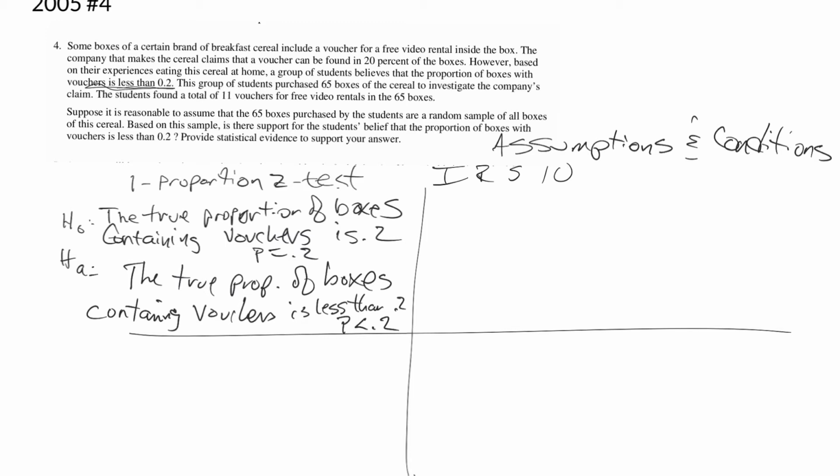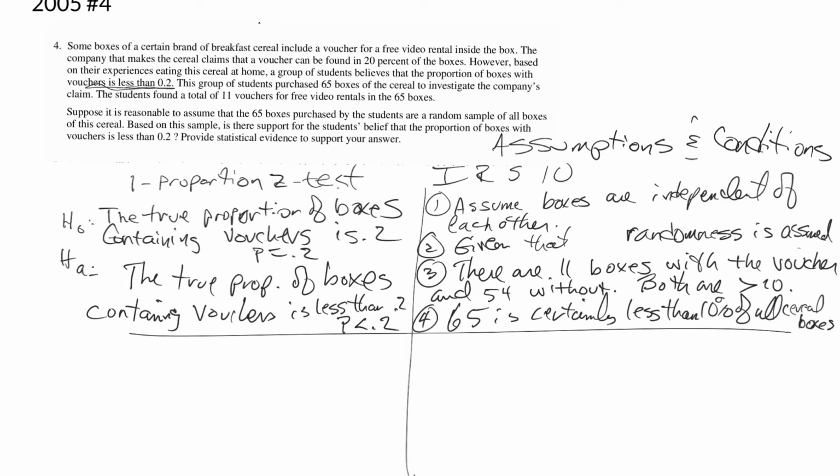So we assume that the boxes are independent of each other, and it is given that randomness is assumed. There are 11 boxes with the voucher and 54 without. Both are greater than 10, which satisfies our np, nq greater than 10 condition, and 65 is certainly less than 10% of all cereal boxes. So that satisfies the conditions, and we will proceed with our test.